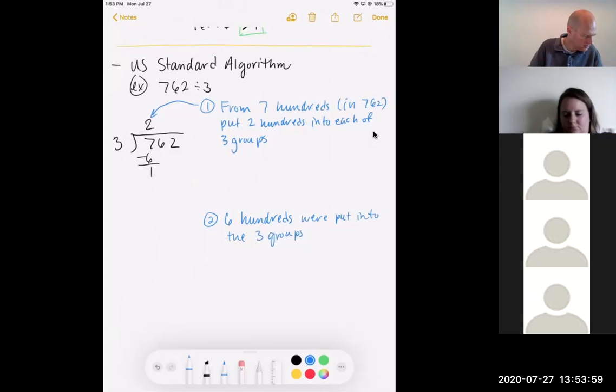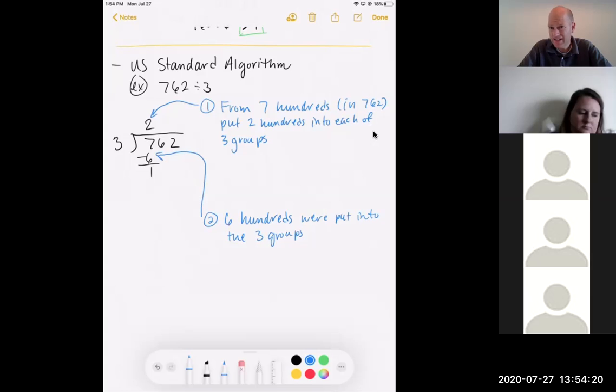I'm going to state that. So overall, we've used 600s. So that's going to be this one right here. That's what that step means.